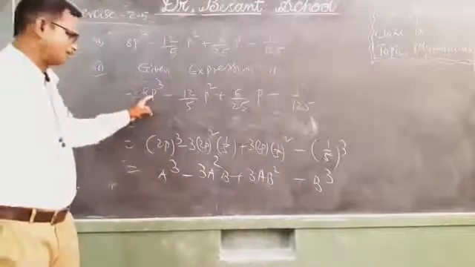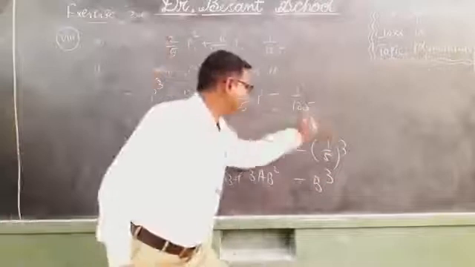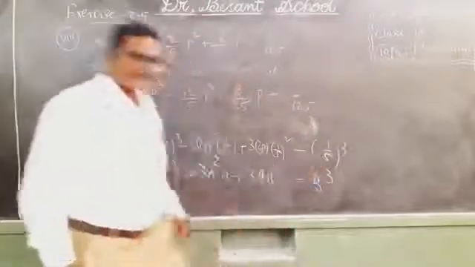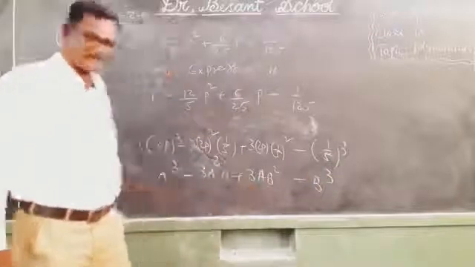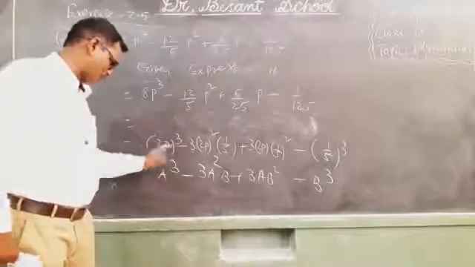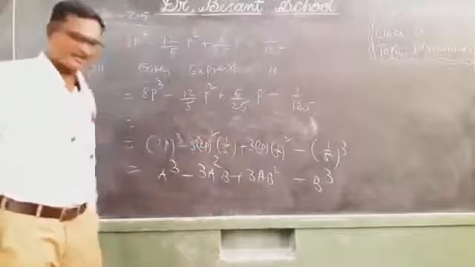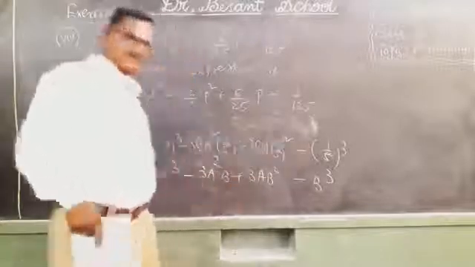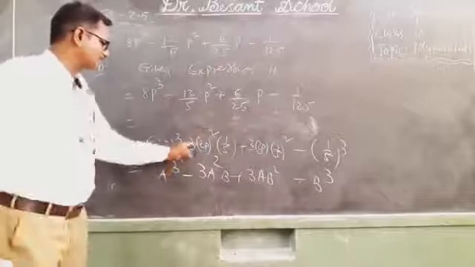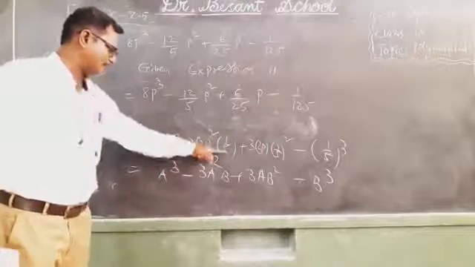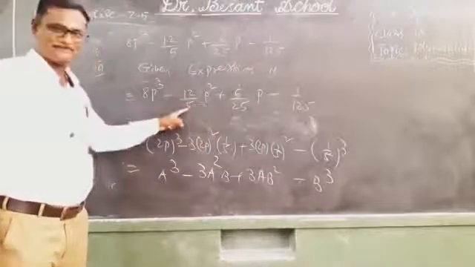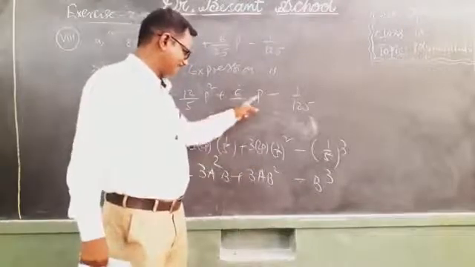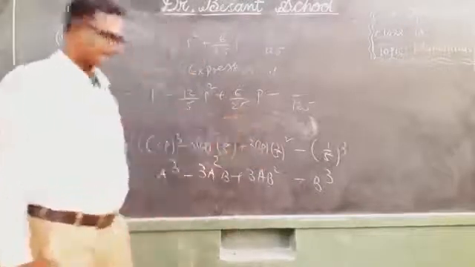If you see that one, 2 square is 4, 4 3s are 12, 12p square by 5. Now 3 2s are 6p, 6p by 1 by 5 square is 25.